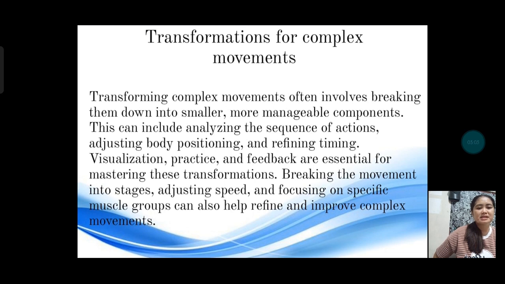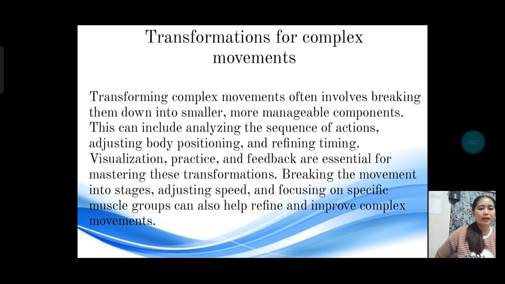Visualization, practice, and feedback are essential for mastering this transformation. Breaking the movement into stages, adjusting speed, and focusing on specific muscle groups can also help refine and improve complex movements.